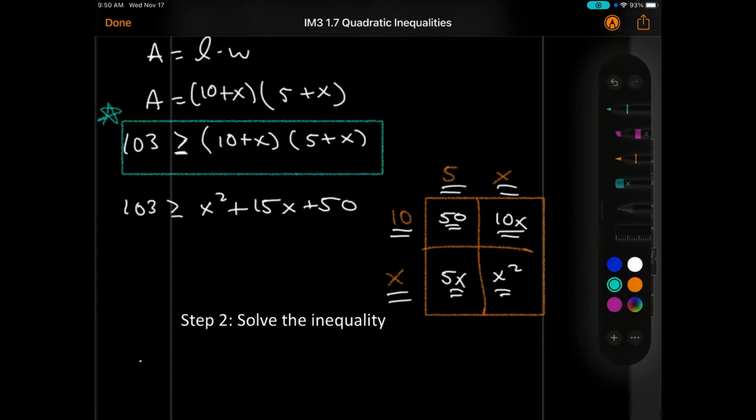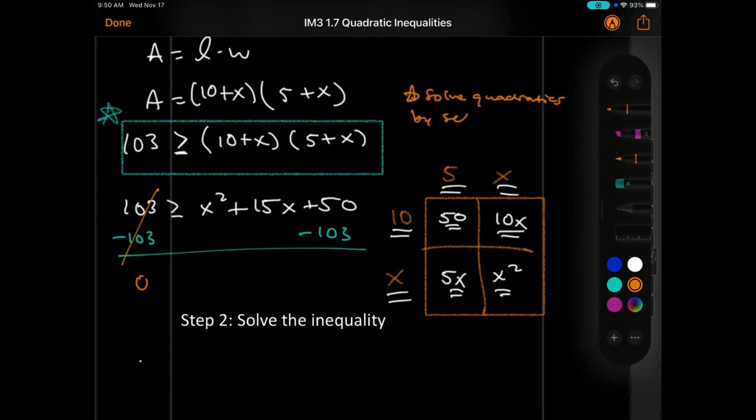And then I'm going to go ahead and subtract 103. And we're going to get 0 because, let's write that. Solve quadratics by setting what? Setting equal to 0.